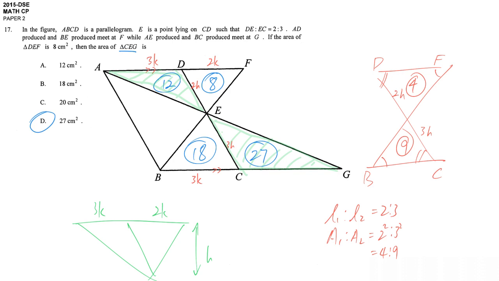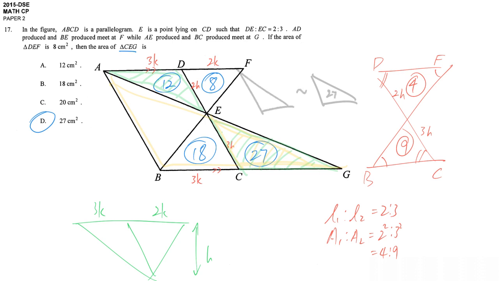Furthermore, if you want to know this triangle ratio, you may consider the yellow triangle here is similar to this triangle. So again, we draw two triangles. They are similar.